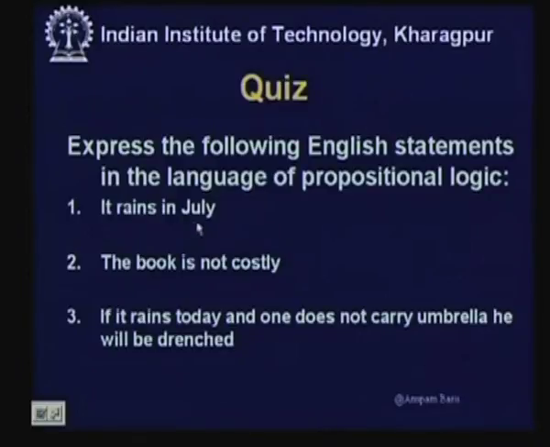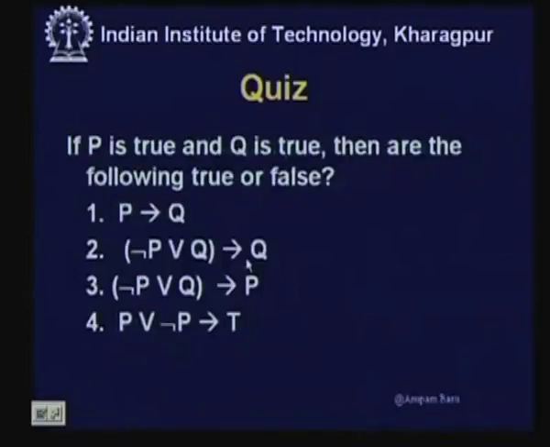Some of these will be very easy, some of them a little difficult. We will look at how to solve them in the next lecture. This one is a compound proposition. It will require some compound propositions, and these are simple propositions, but here again you will need some logical operators. You just find out what it is.